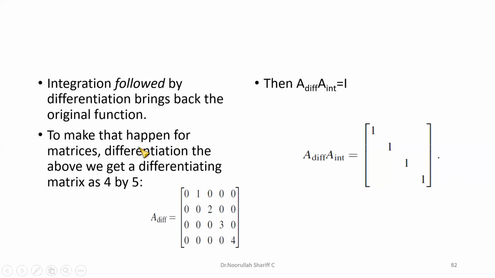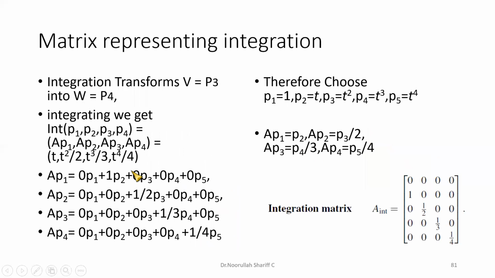To make that happen for the matrices, if we do the differentiation of the above, whatever we have got here, if you differentiate this, then t squared by 2, t cubed by 3, t to the 4 by 4 will give 1, t, t square and t cube. That just means that you can represent the whole thing in the proper way.